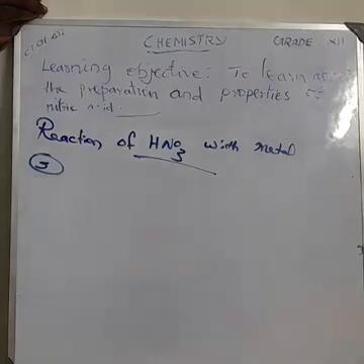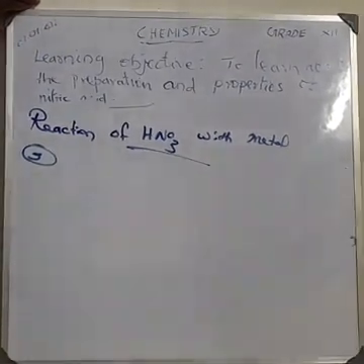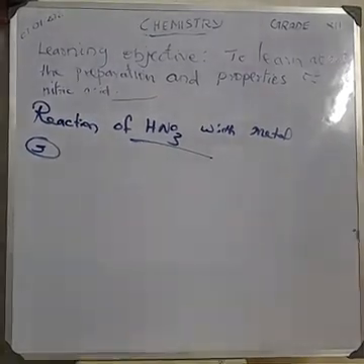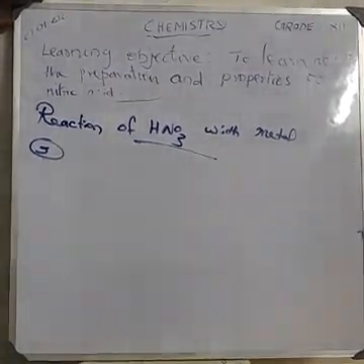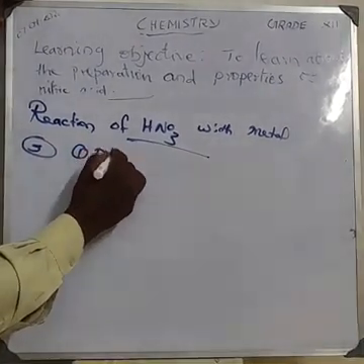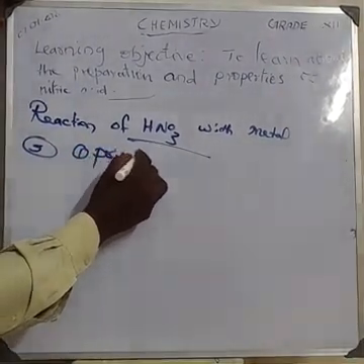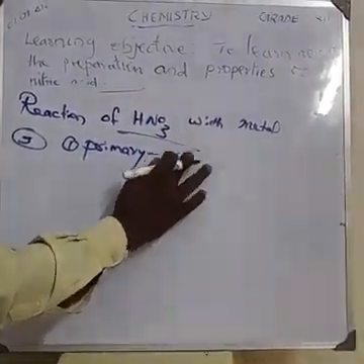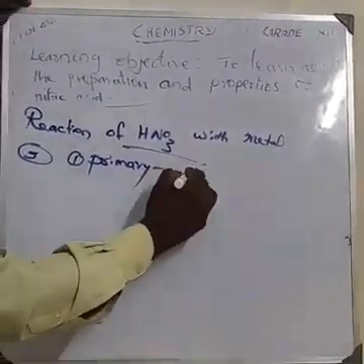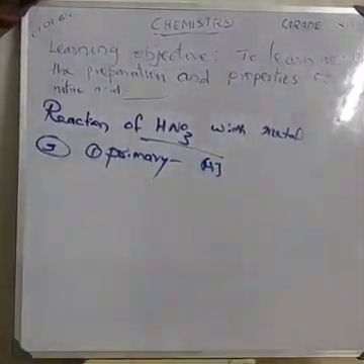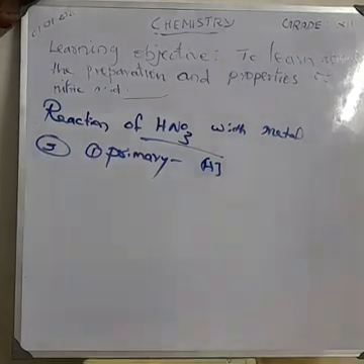Okay, in the first reaction, the primary reaction, the metal nitrate is formed and nascent hydrogen is released. For the primary reaction, one nascent hydrogen is released, only one hydrogen.